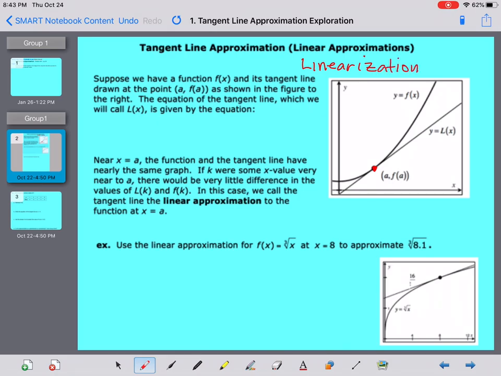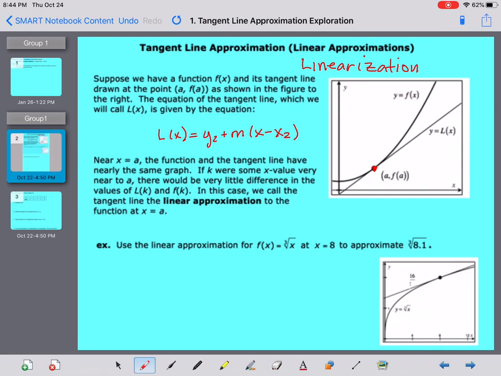And what we're going to do is we're going to use our actual equation of a tangent line. And I'm going to label that L of x. Okay, so our tangent line, we know that starts with some y value plus some slope times x minus the corresponding x value.